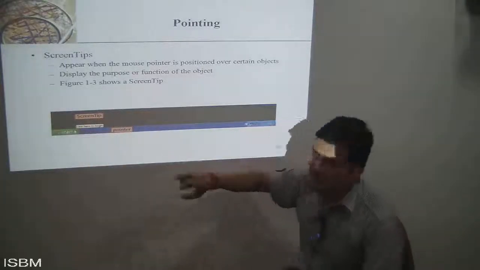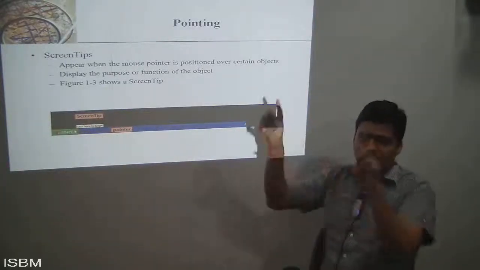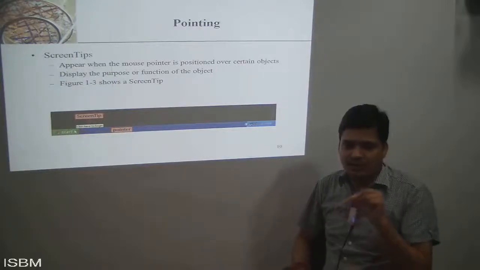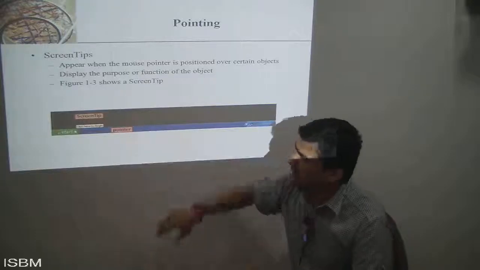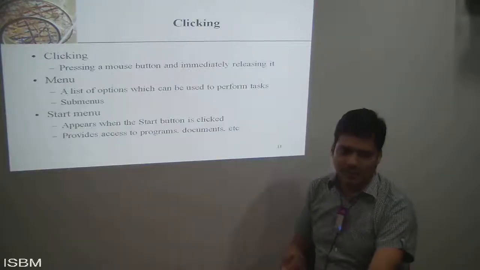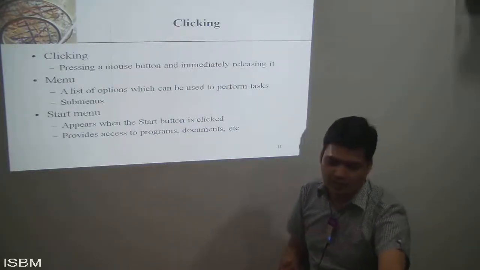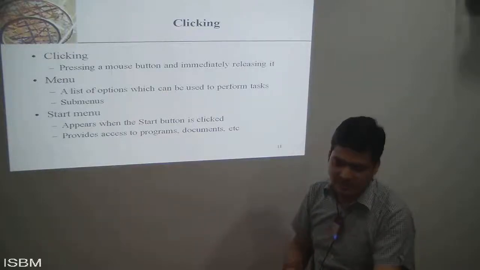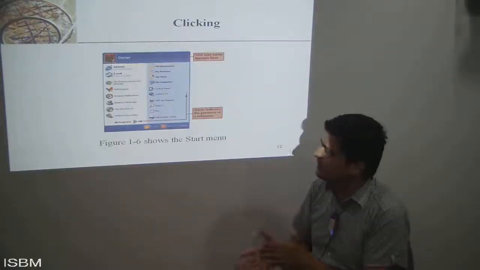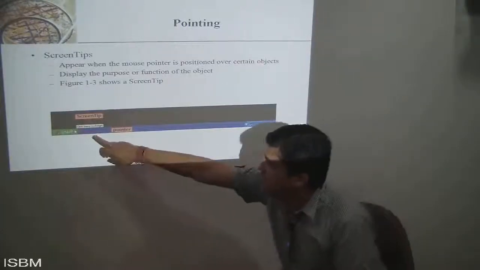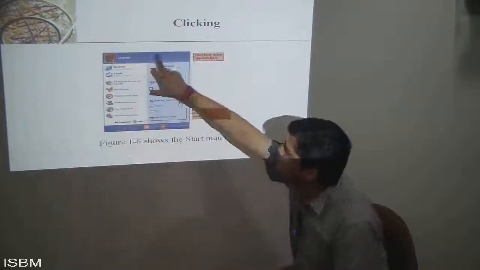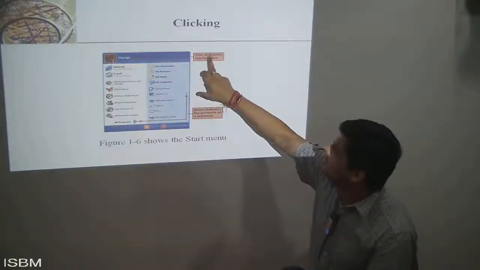When you click on this start menu, it will open one small screen, a dialog box, and it will show you each and everything under that dialog box, programs and all the things. See, it provides access to programs and some documents and each and everything. This will show you this is start. When you're going to start, it will show you this screen.